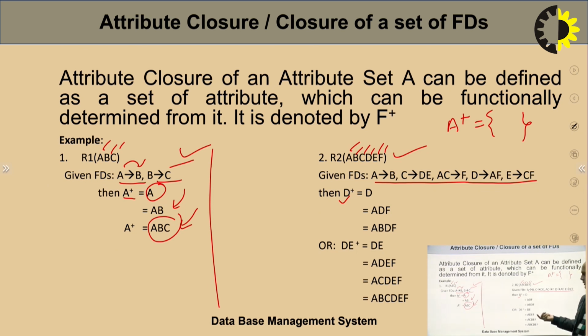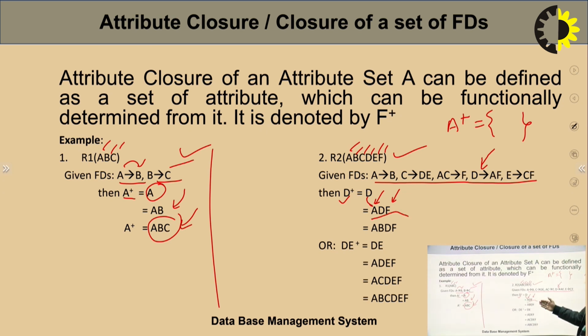How can we find it? We go to the functional dependency D tends to AF. Then we can add A and F, and D by itself, so we get ADF.